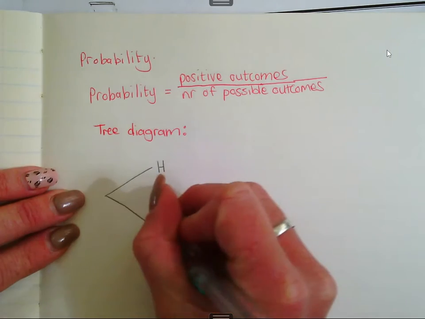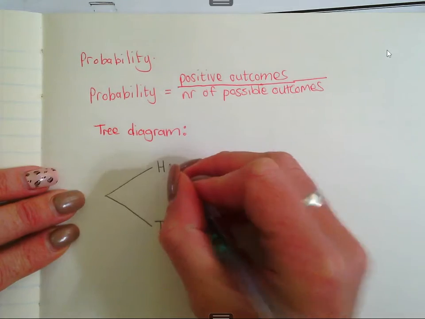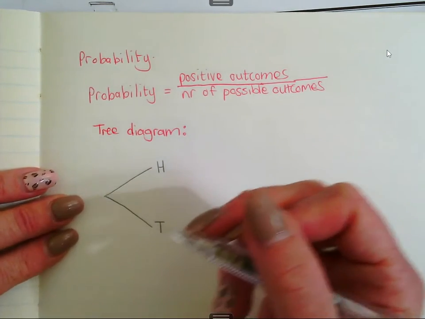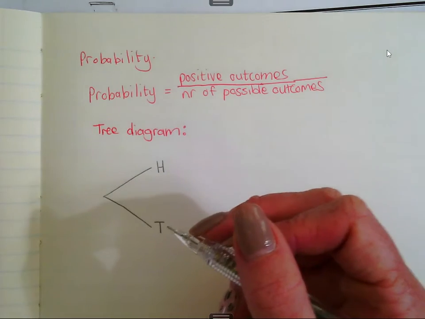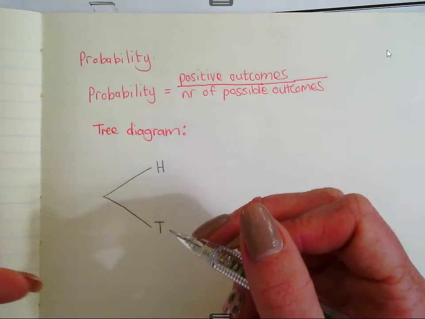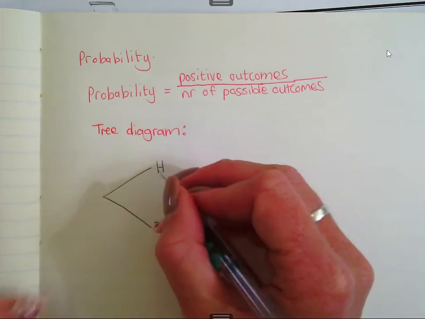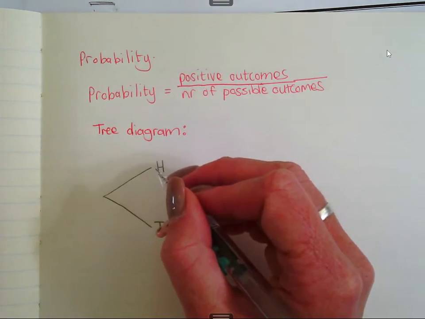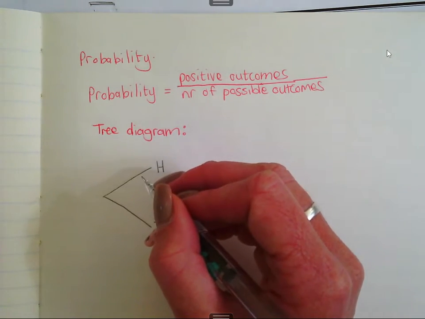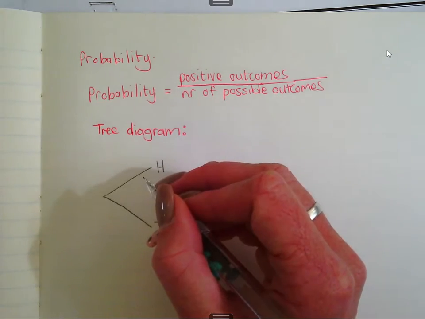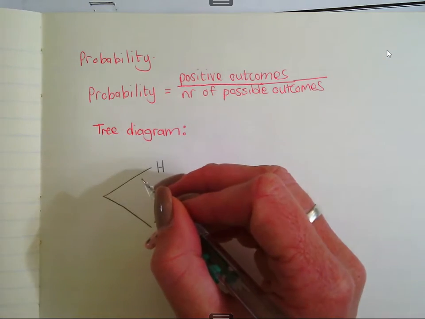Heads or tails. Now after I flip the coin, if I now roll the dice, how many options can I have when I roll the dice? 6. Does it matter whether I got heads or tails? Does it influence the outcomes of the dice? No.